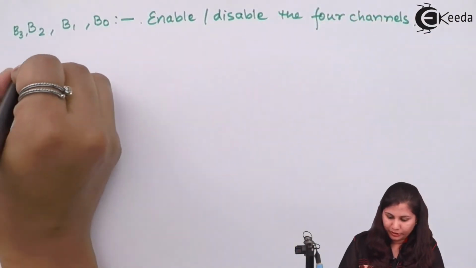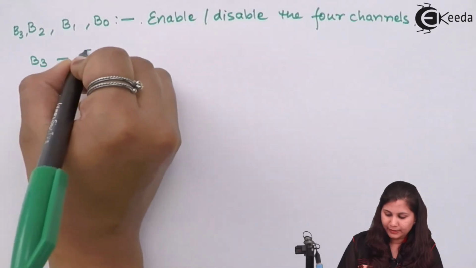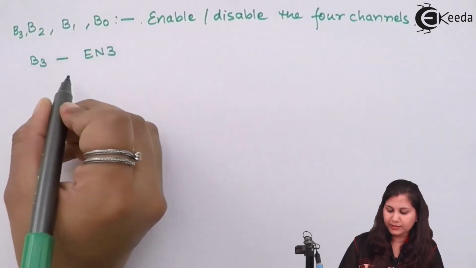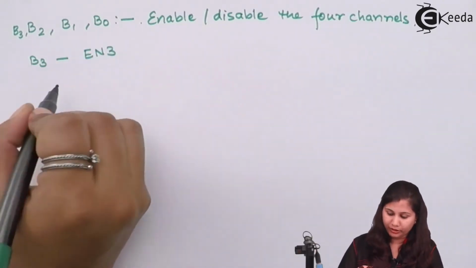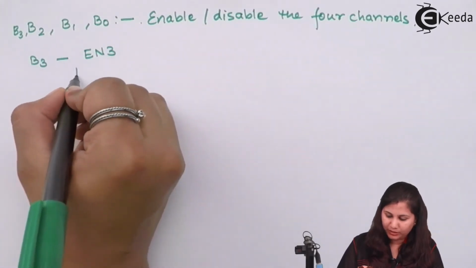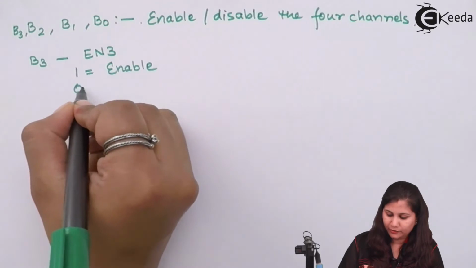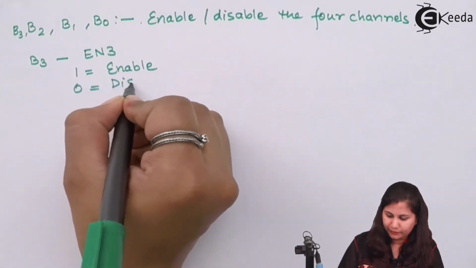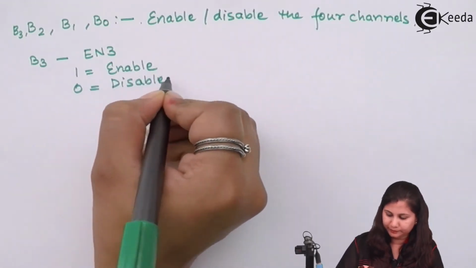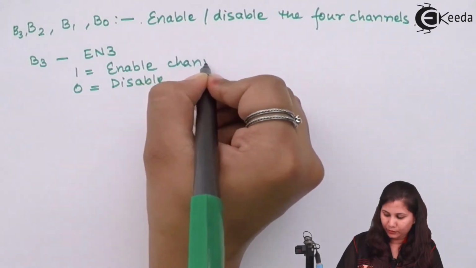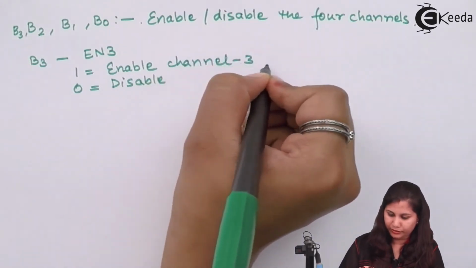So bit number 3 is EN3, meaning it is for channel number 3, and when this bit is 1, then it enables the channel, and when it is 0, then it will disable the channel. So this is for channel 3.